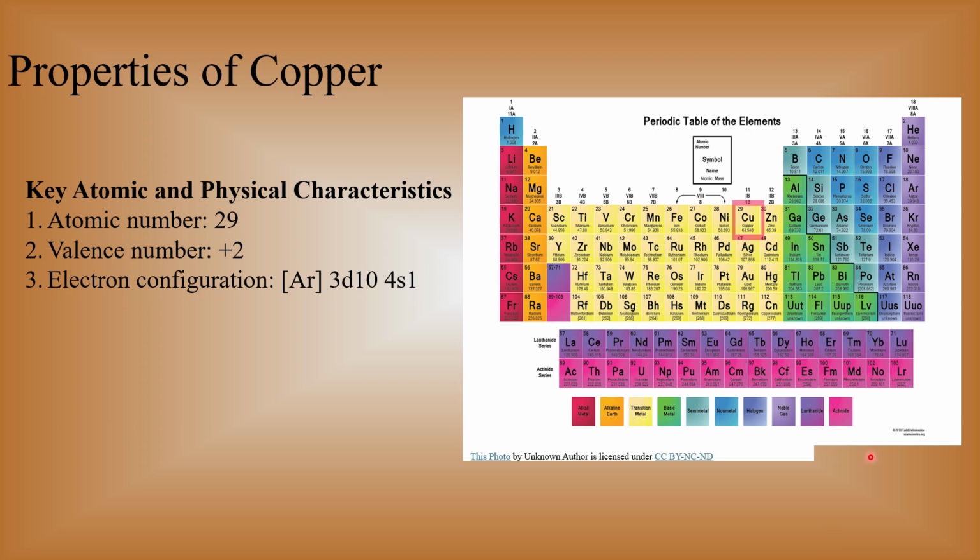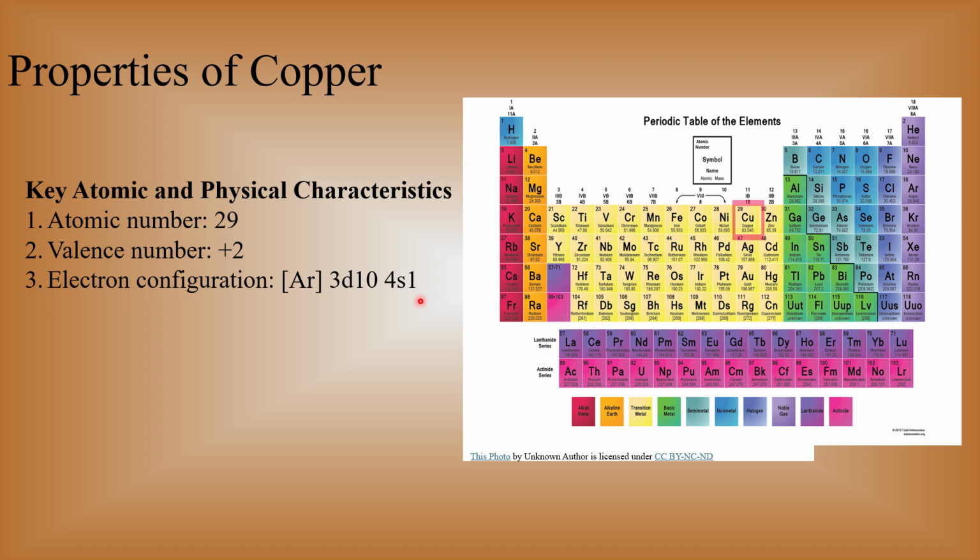If you notice, naturally we would think it would be 3d9 4s2. But in this case, an electron from the 4s2 moves over, lowering the energy to a 3d10, and we're now left with 4s1.